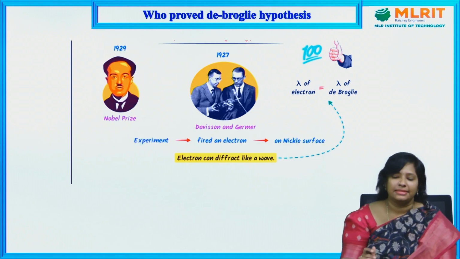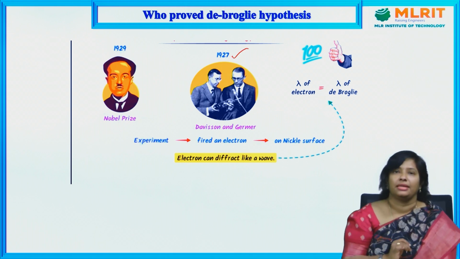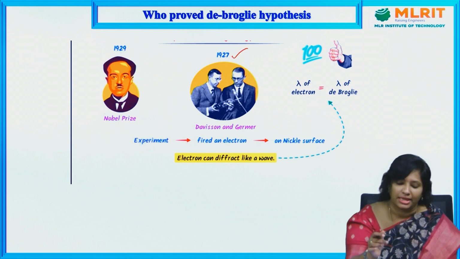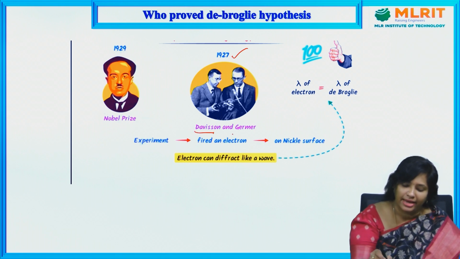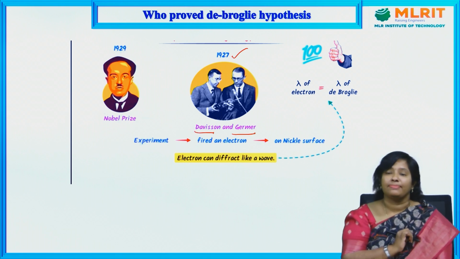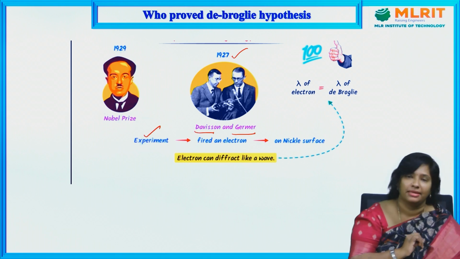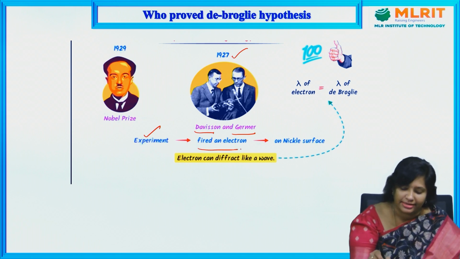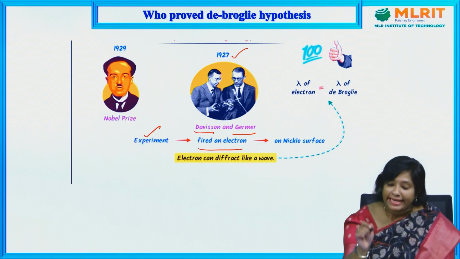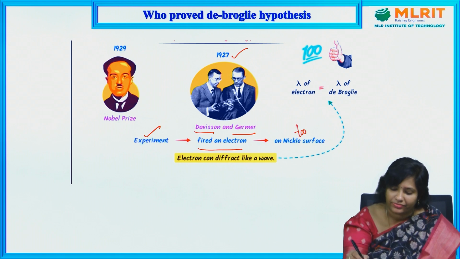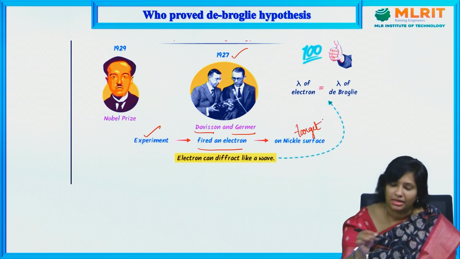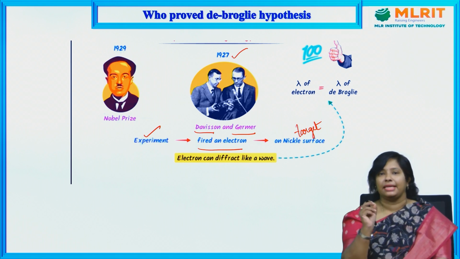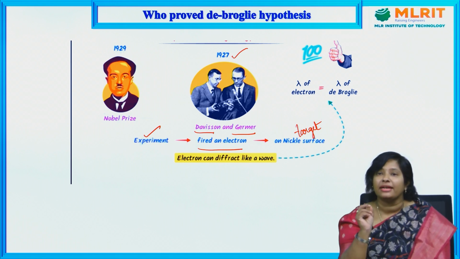In the year 1927, two famous scientists, Davisson and Germer, performed an experiment by firing an electron. They fired an electron on a nickel target, and they noticed that the electron can diffract like a wave.